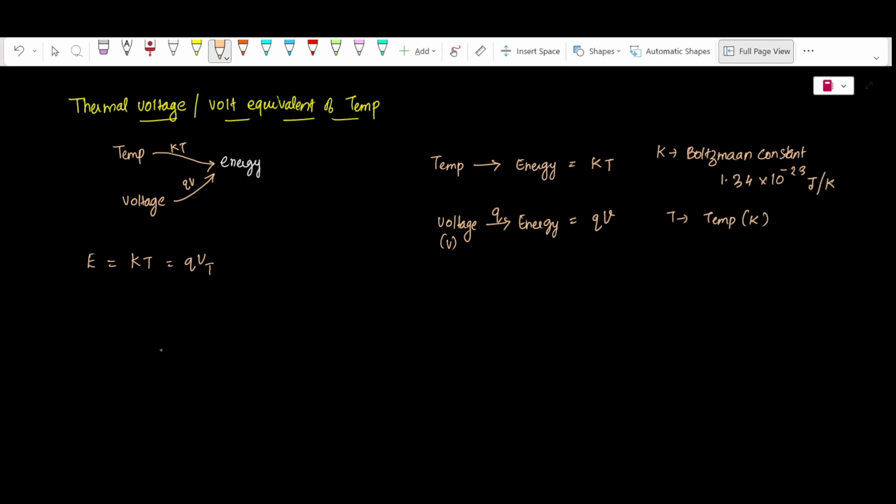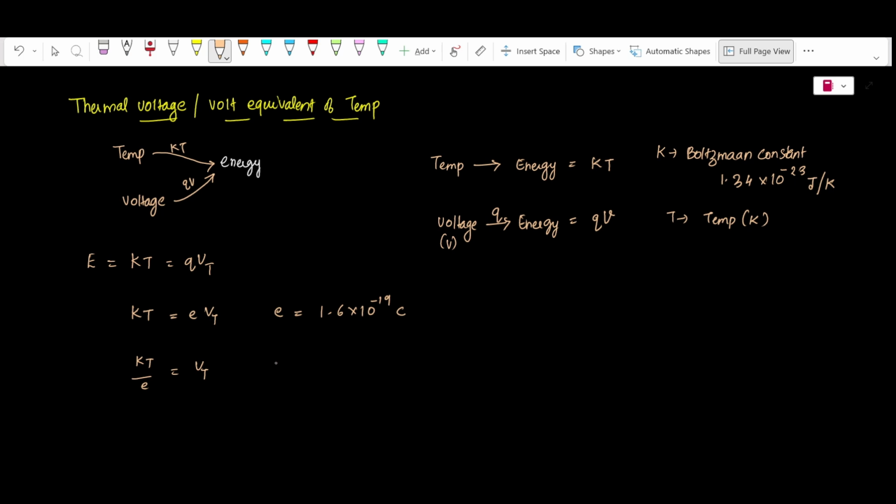Now let's say that k is 1.38 into 10 power minus 23 and Q is 1 electron. Then the equation becomes kT is equal to e times Vt, and you know the value of e is 1.6 into 10 power minus 19 coulombs. So kT by e is nothing but my Vt.